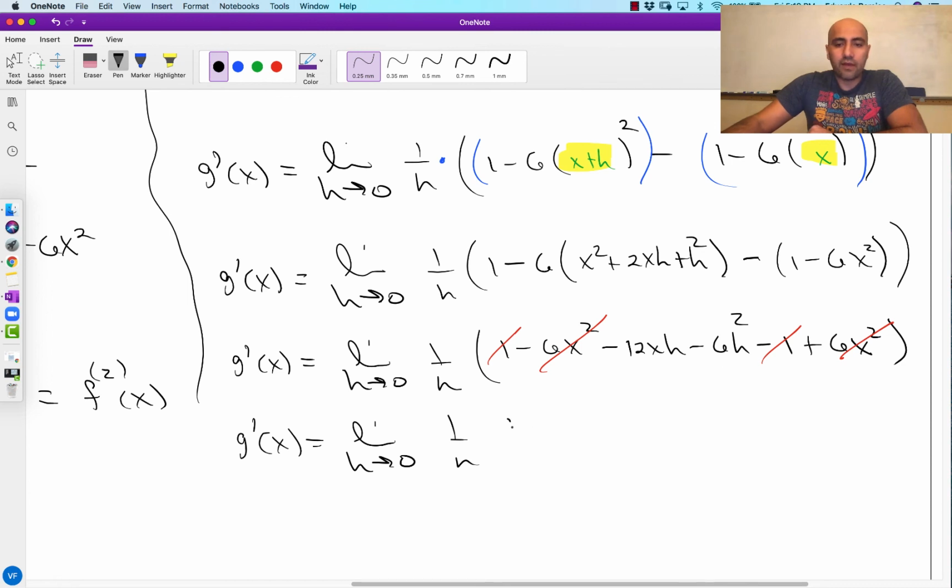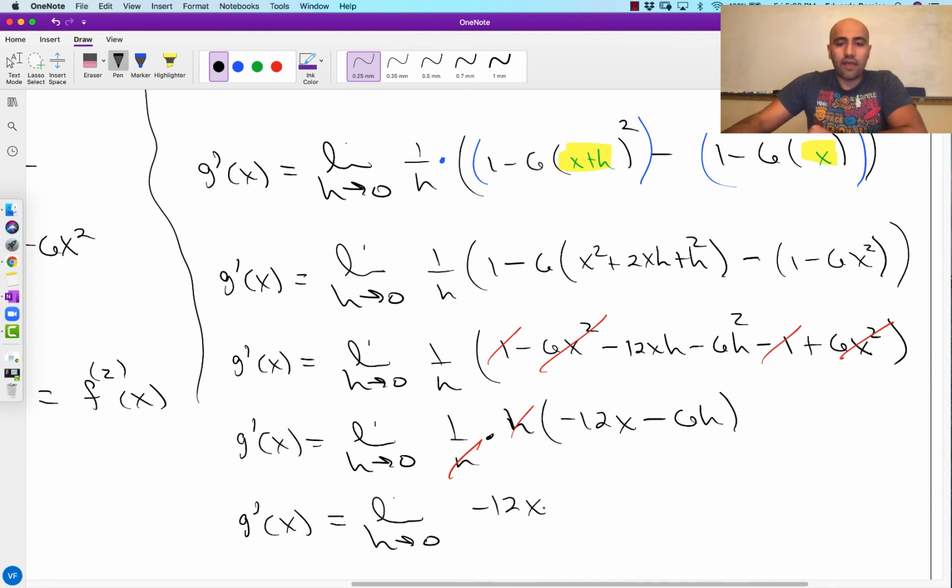So I'm going to factor out an h, and I'll get a minus 12x minus 6h. Good. So now finally these h's cancel out, and I'm left with just this. So this equals the limit as h goes to 0 of negative 12x minus 6h.